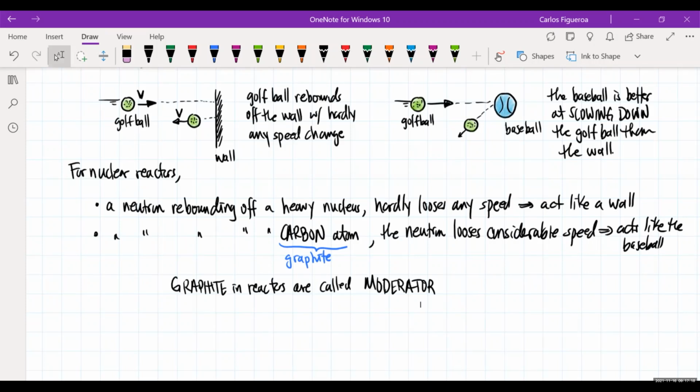What you'll find here is that nuclear reactors today have three main components.